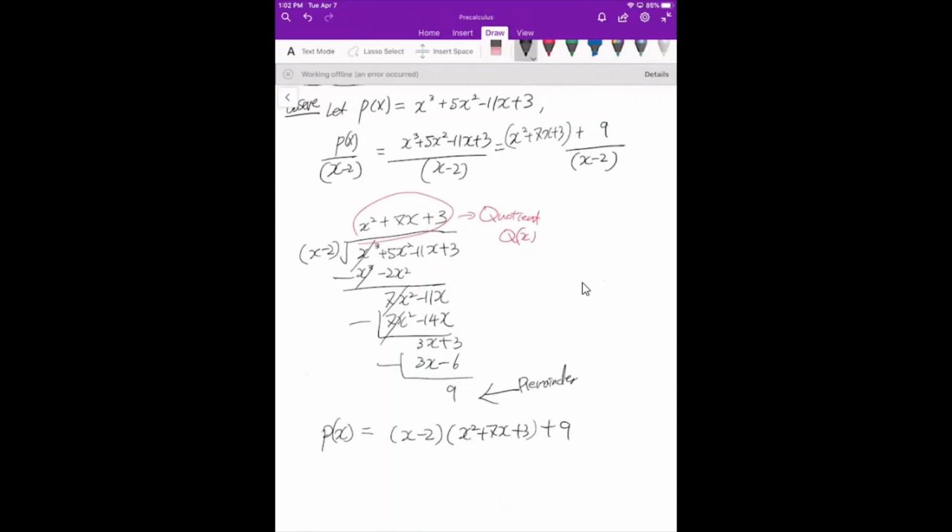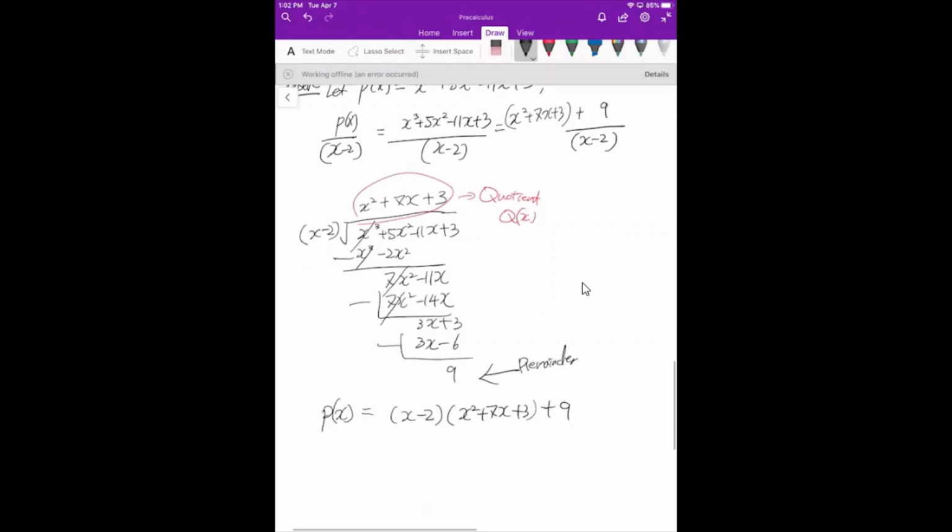It could have been so much nicer if x minus 2 is a factor, which means 2 is your zero, and it's very clean without any remainder. That's very ideal. But it has a remainder. It's a little bit messy, but that's what it is. So what we can say is that if we plug in x is 2, then 0 times your quotient, so basically 0, plus 9, it's just 9.